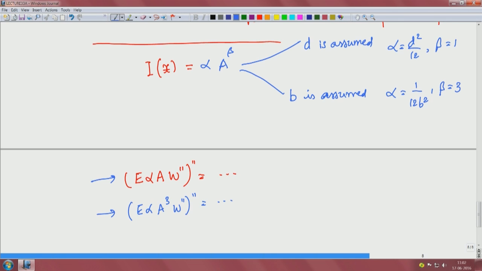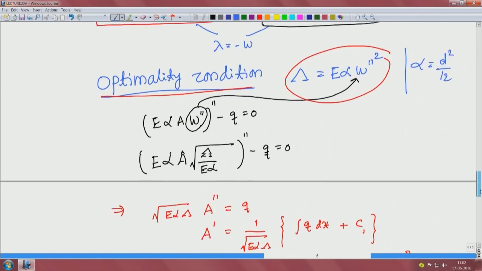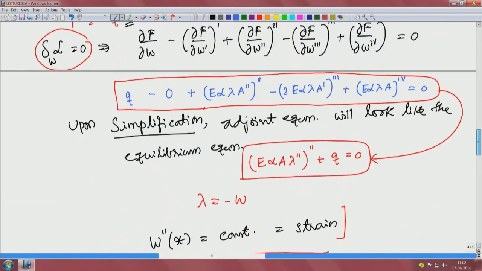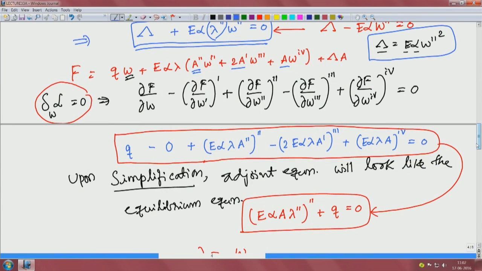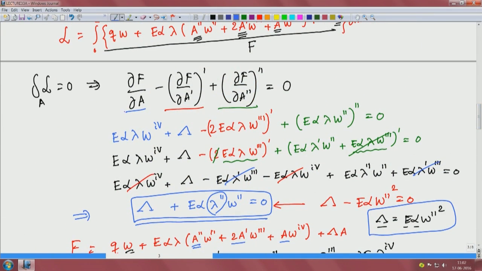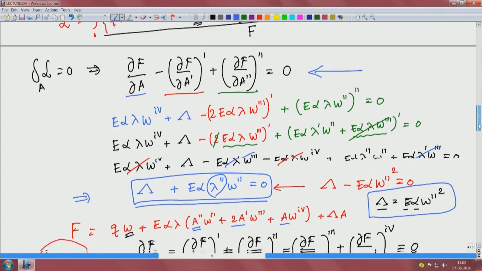You can do it by hand, or if you use Mathematica or a symbolic manipulation software, it will do all the expansions for you, and then you can write down Euler-Lagrange equations just simply taking partial derivatives as we have seen for the design equation and the adjoint equation. So, we can do all of this using Mathematica or Maple or by hand, which is doable.